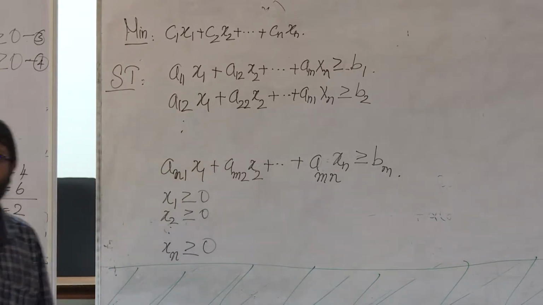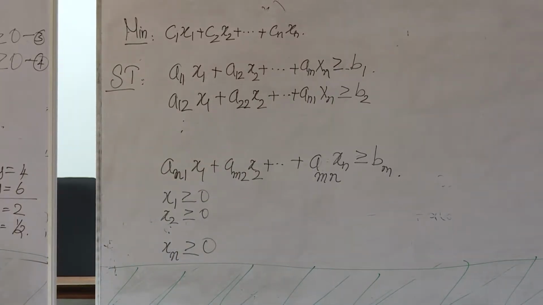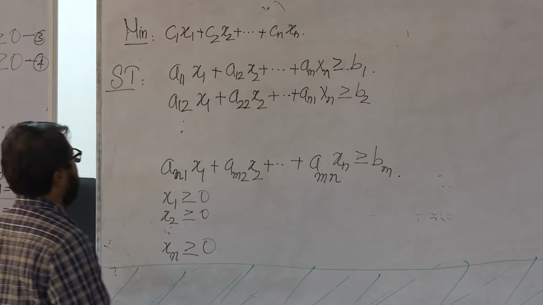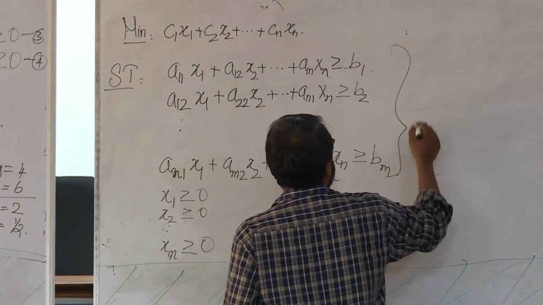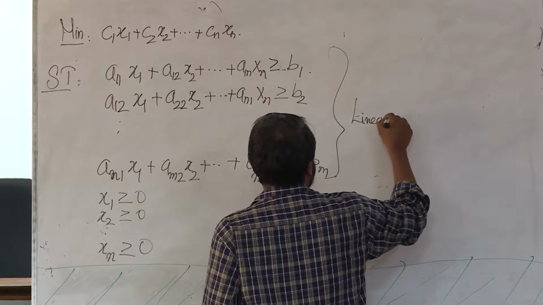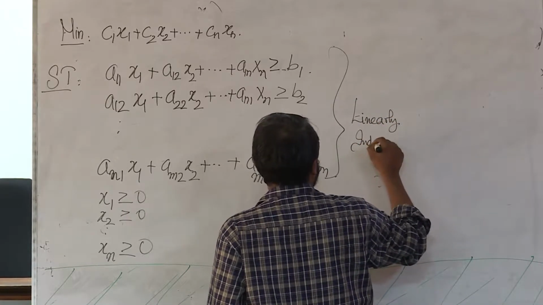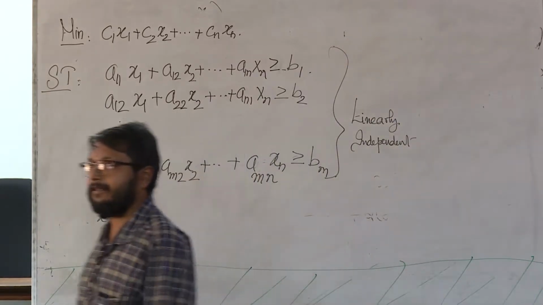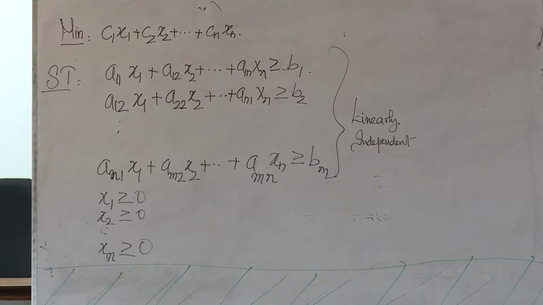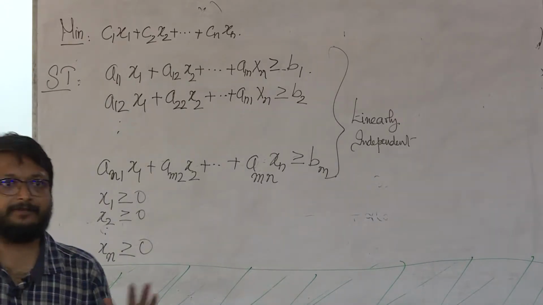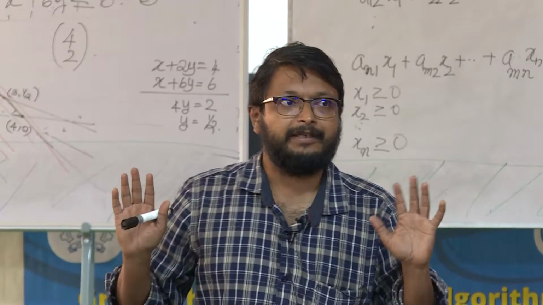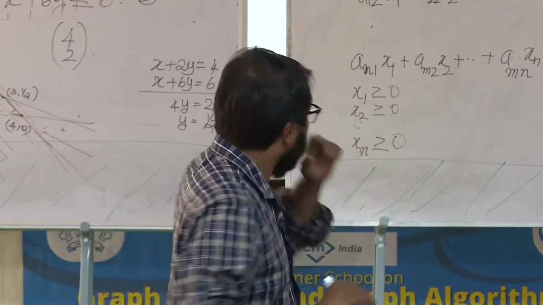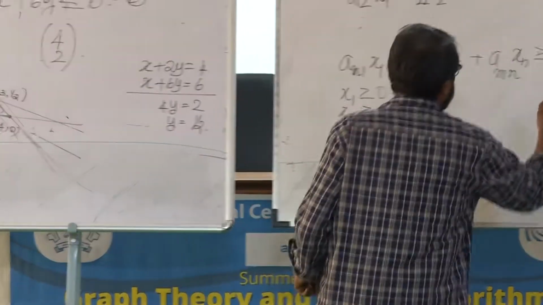So how many constraints do you have? For simplicity, I will assume all the constraints are linearly independent. If you do not understand what linear independence is, forget about it. In the sense, one constraint cannot be expressed in terms of some other constraints. For the time being, let us not get into it.